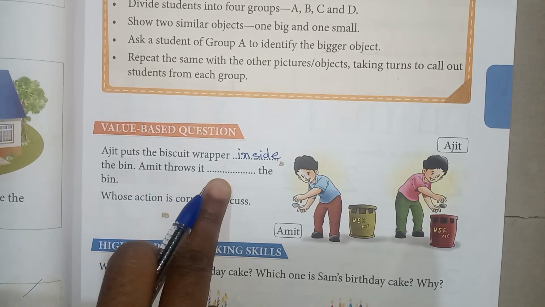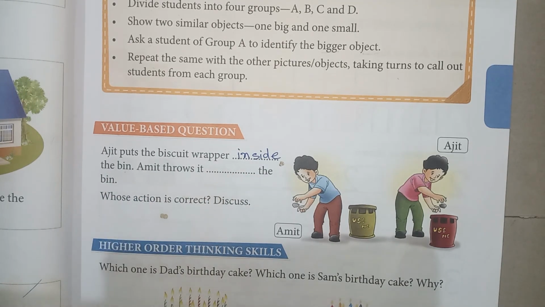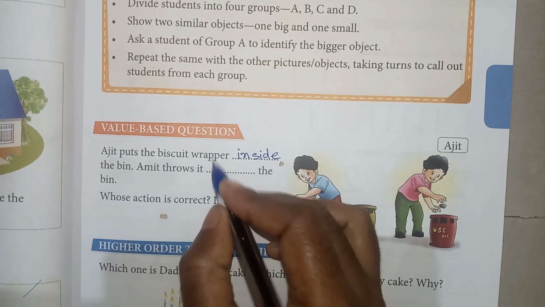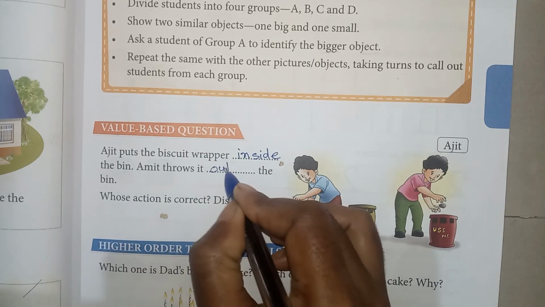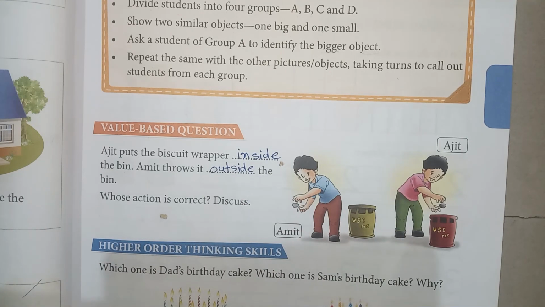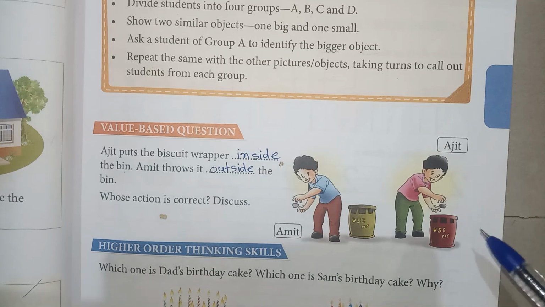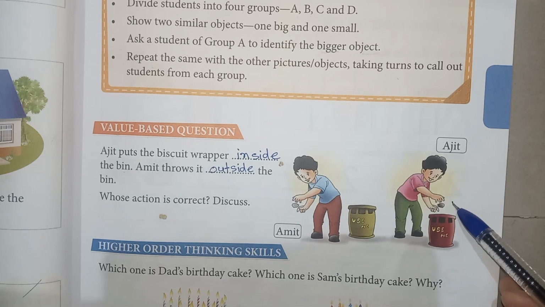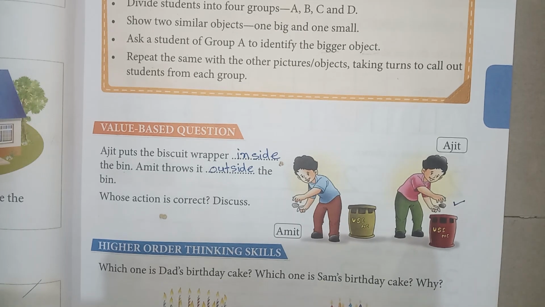Amit throws it dash dash bin outside. Write it with me. Okay. Whose action is correct? Discuss. Okay. Will you tell who is correct? Ajit is correct or Amit is correct? Where should we throw our garbage or papers? We should throw our papers inside the bin. So Ajit is correct. Yes.